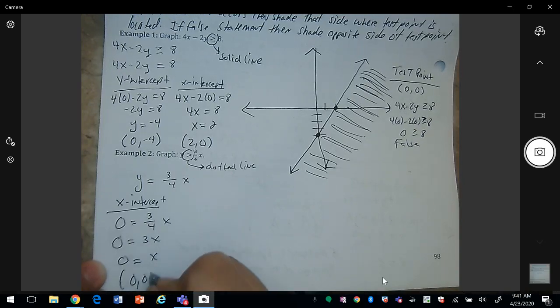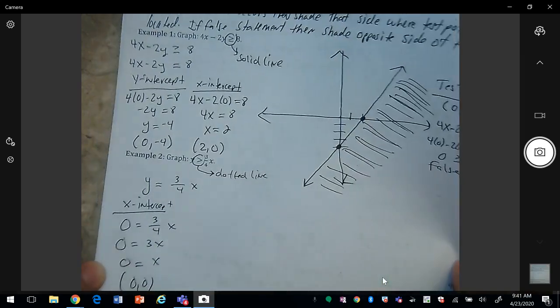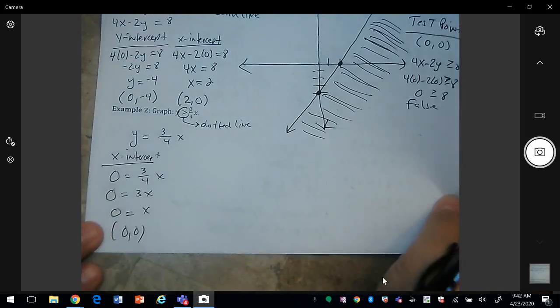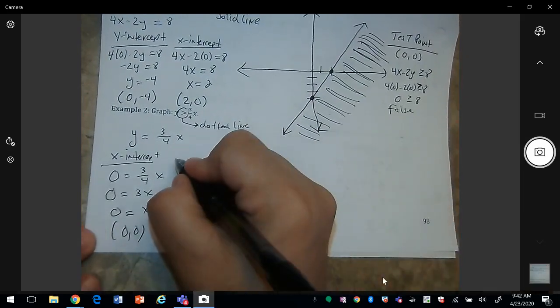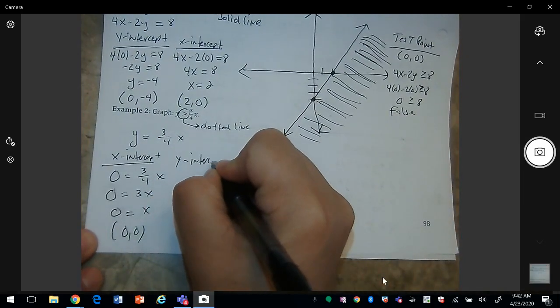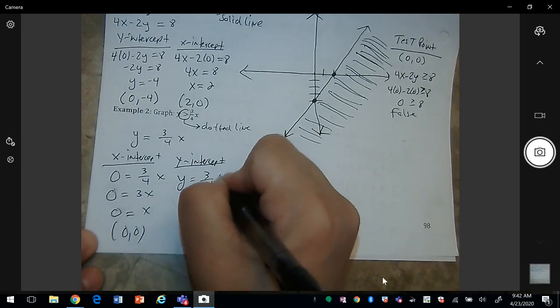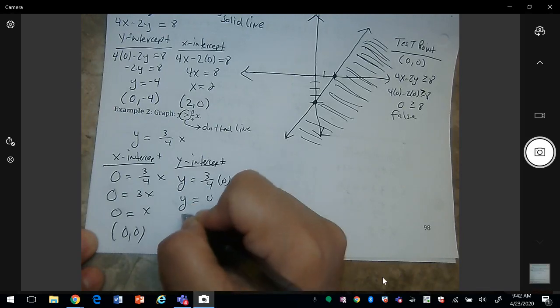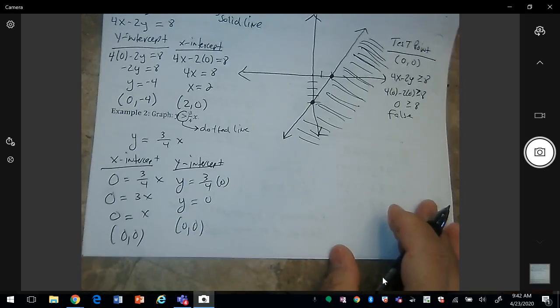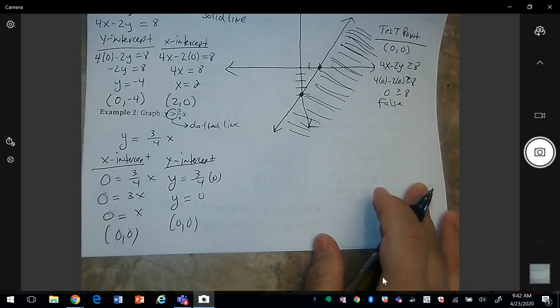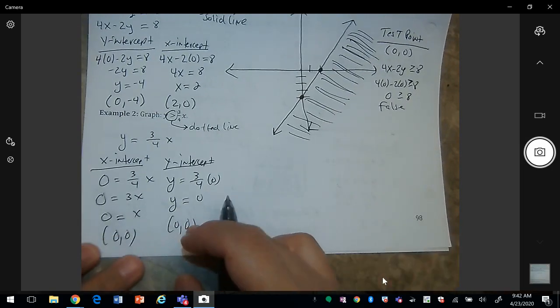So we get 0, 0 for our x-intercept. If I use the y-intercept, then notice we also get 0, 0. So we do need 2 points. So far we only have 1.